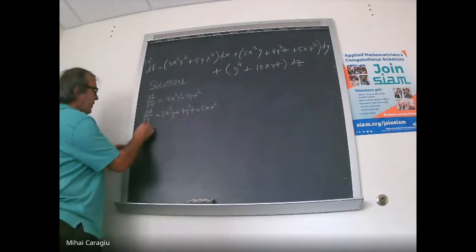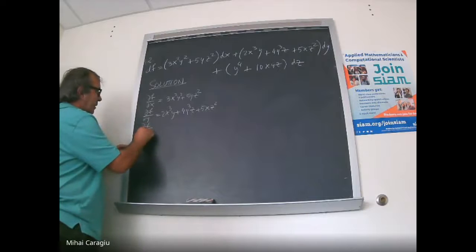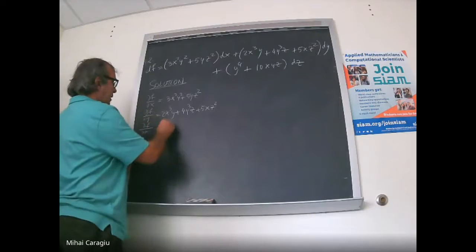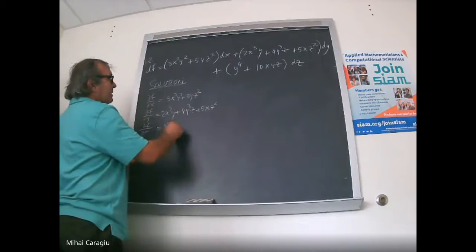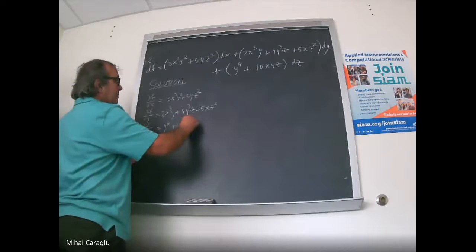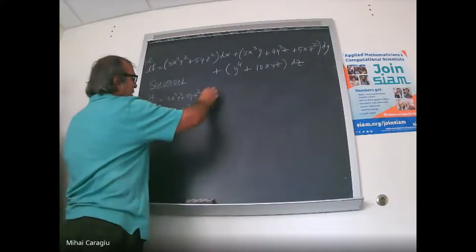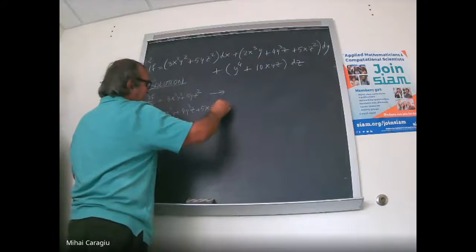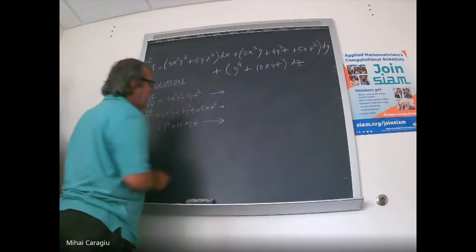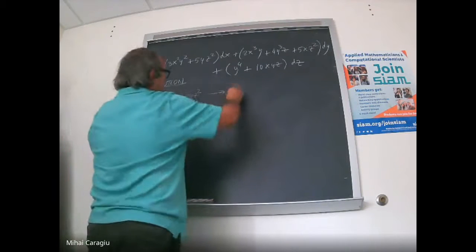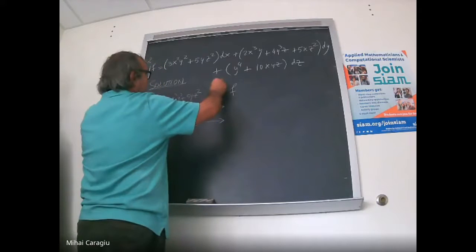And df over dz equals y to the power 4 plus 10xyz. Let's see which conclusion we can derive from each of those three. For the first one, we integrate with respect to x.